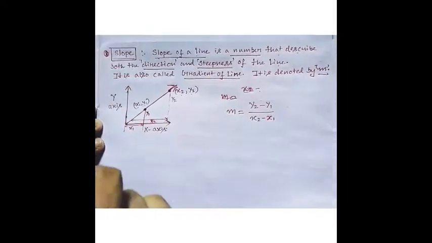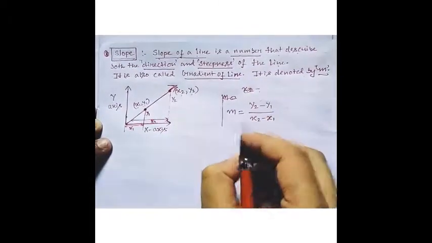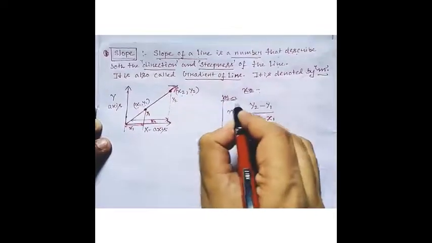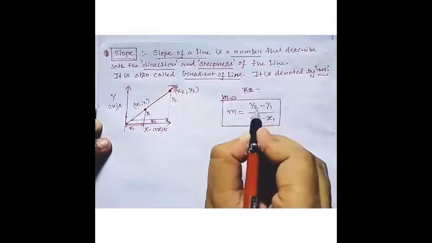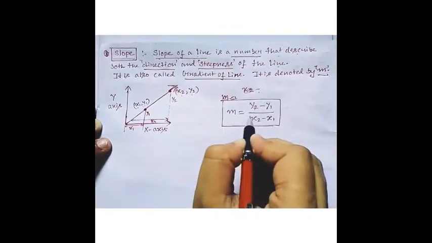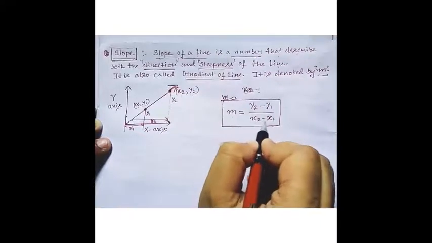And from the definition, the actual formula of the slope is, you can see this is the formula of slope. You can see, which is y2 minus y1 by x2 minus x1.